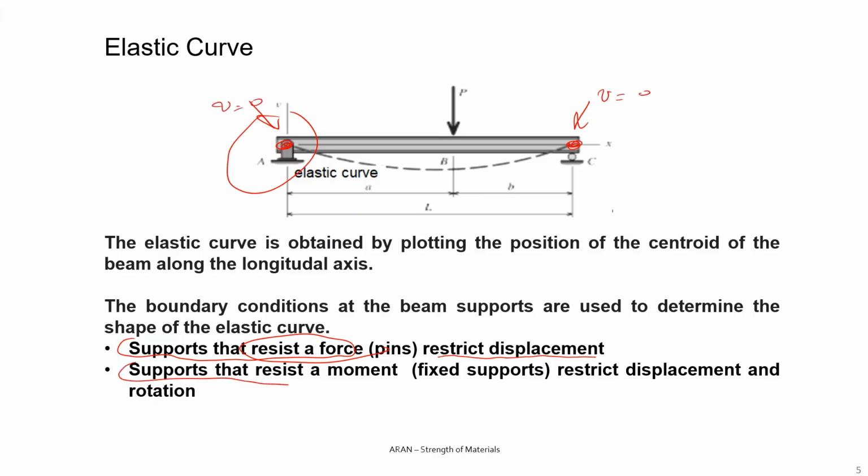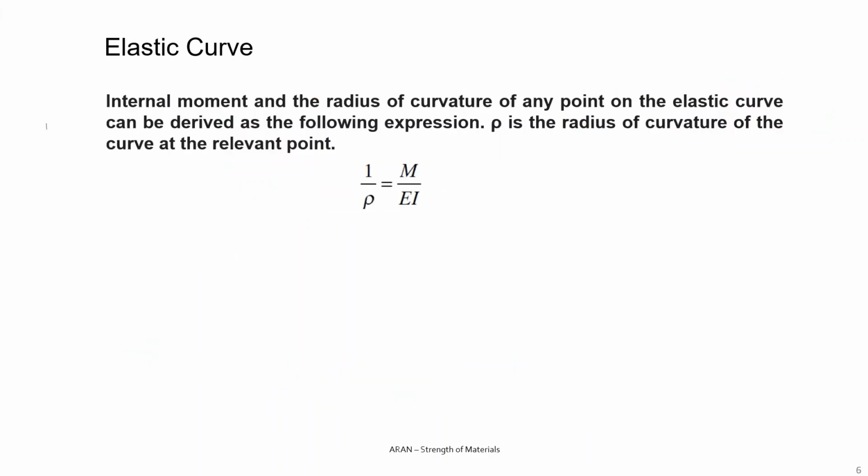If we have a support which resists the moment, for example, a fixed support, in this case, at this fixed support, V equals 0, and the slope of the curve dv over dx is also 0. So the displacement and the rotation are both restricted.